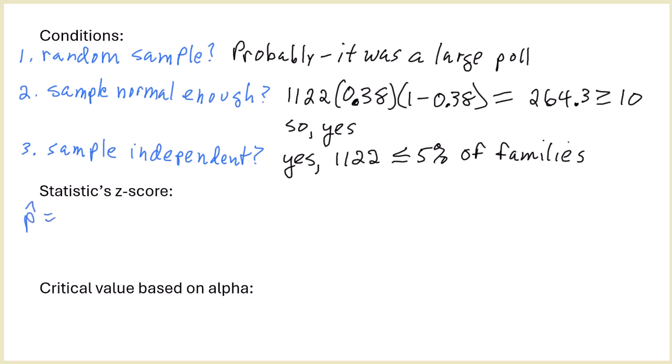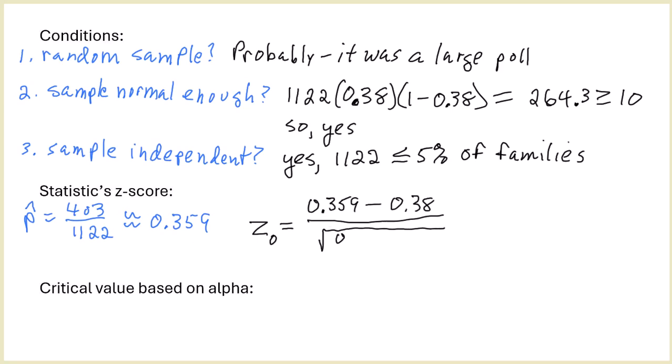So now I get the z-score for the statistic. See if you get the same thing I do. It'll help you to actually physically do this. So I have to find p hat. I came up with 0.359, rounded off. I get the z-score, and notice I did put the little subscript there.